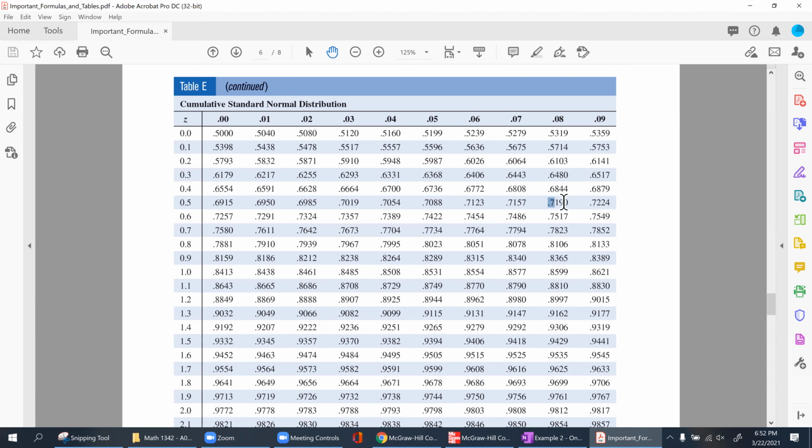I can use this one, or the one on the right. The key is to find which one is closer to 0.7200. It's the one on the left, because it's only 10 points away from 72, while the one on the right is 24 points away. So I'm going to use 0.58 as my z value.